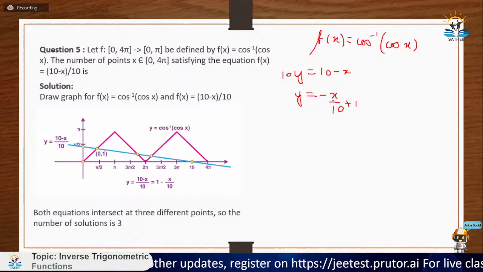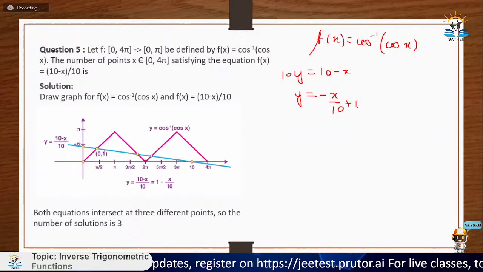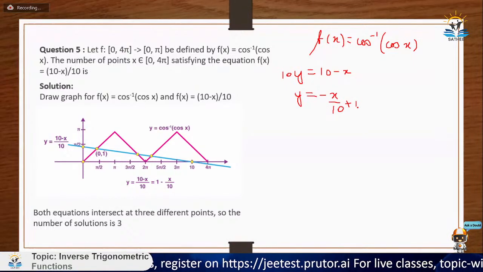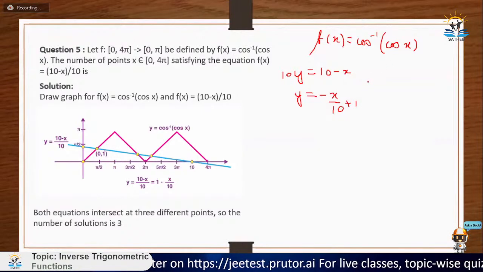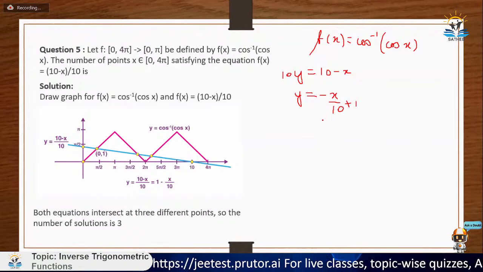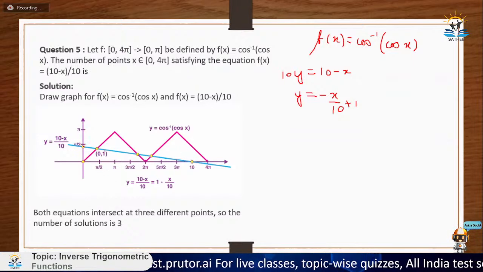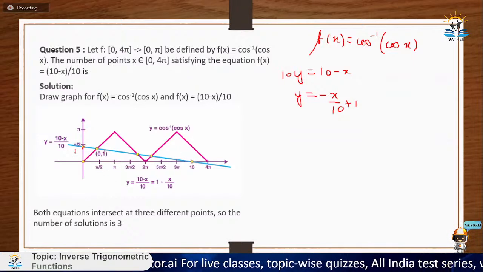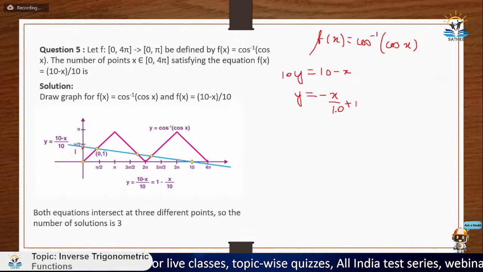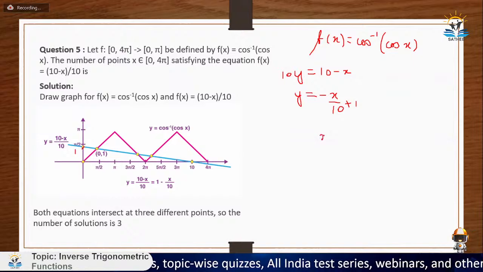So put x equal to 0, you will get y equal to 1. So at x equal to 0, y equal to 1. And putting y equal to 0, you will get minus x by 10 equal to minus 1. Basically, x equal to 10.